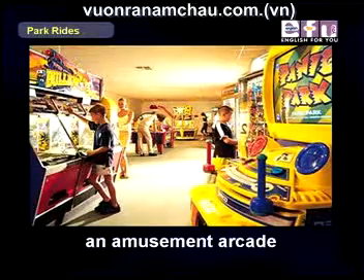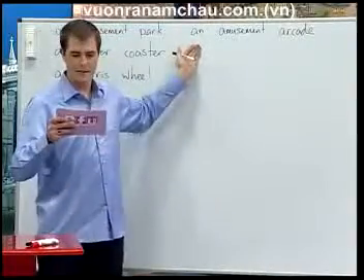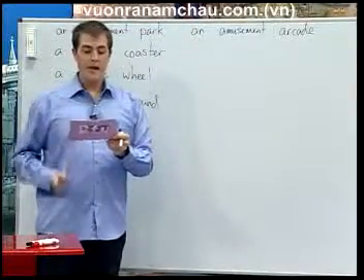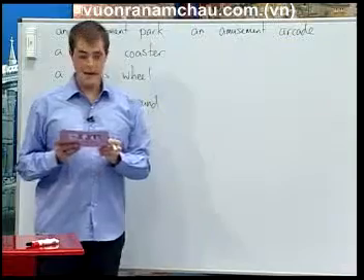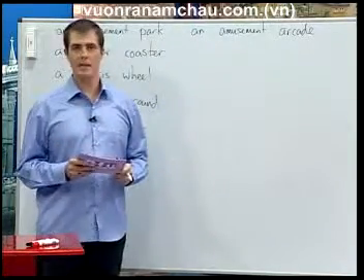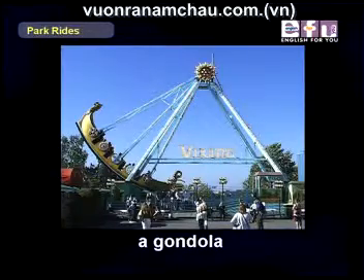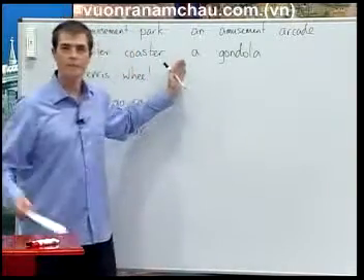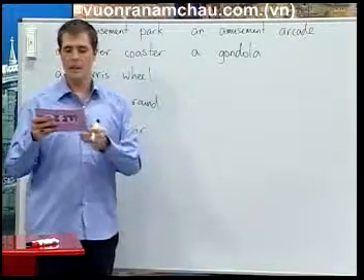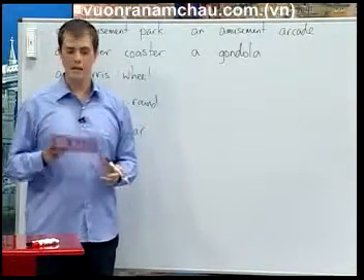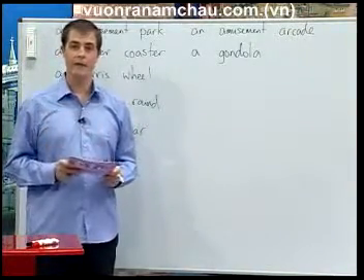An amusement arcade. An amusement arcade is a place where you play games on machines by putting money in them. A gondola. A gondola is a kind of ride in which people can sit and view the fair from above.